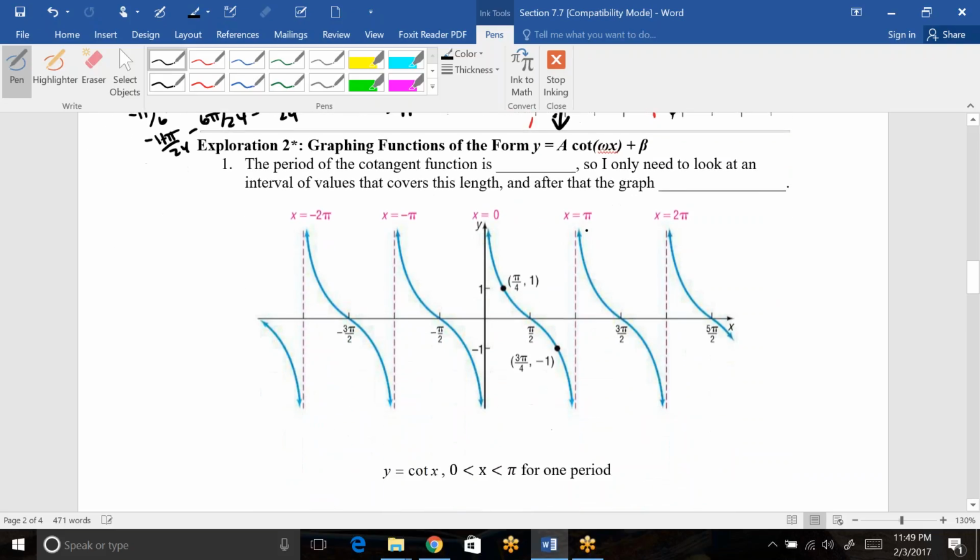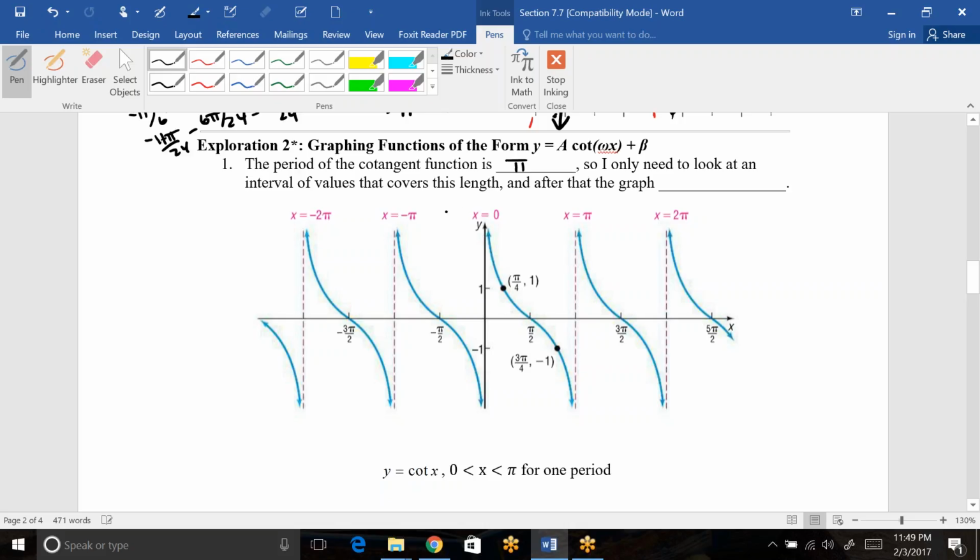So then the cotangent, the period of cotangent is actually also pi, we don't need anything there. The thing about tangent and cotangent, remember, they're reciprocals of each other. Tangent is y over x and cotangent is x over y. That changes where your asymptotes are located.